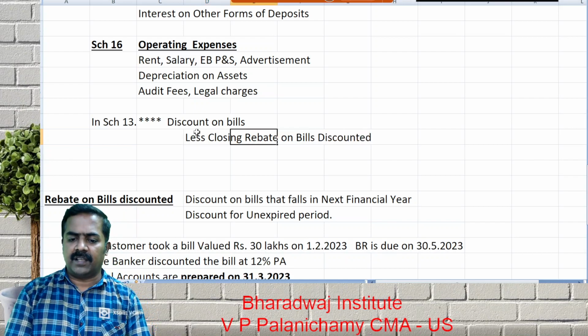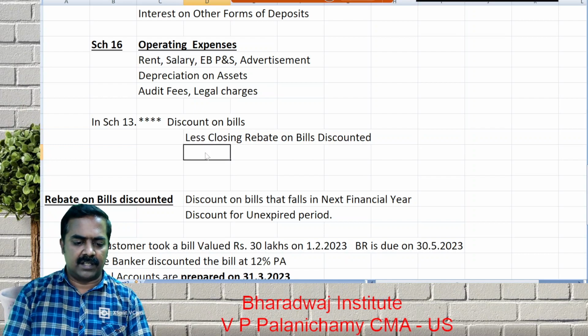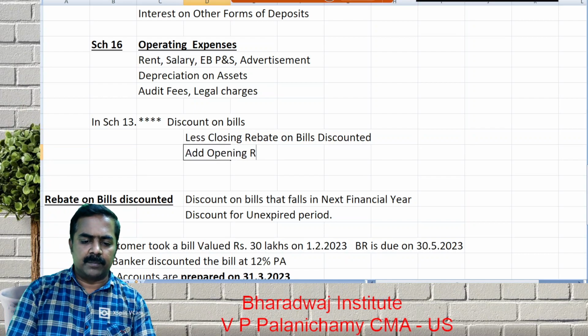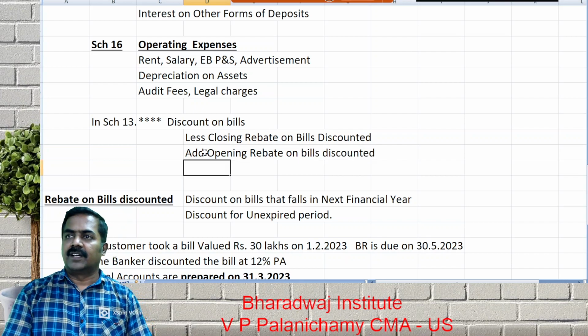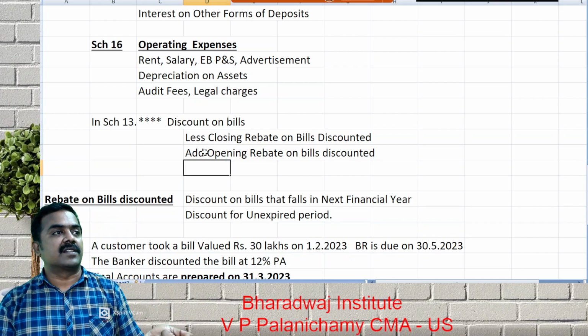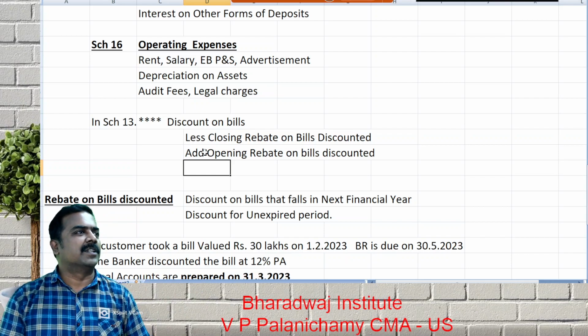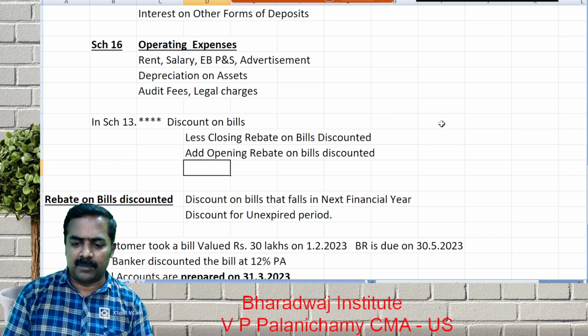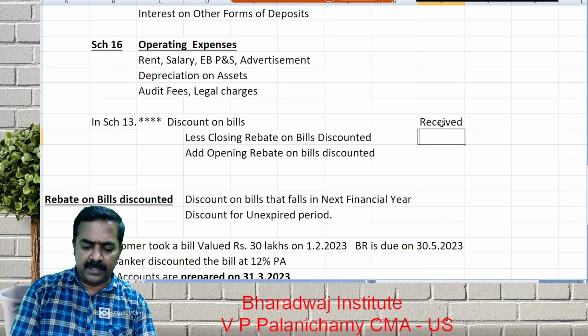Why are we reducing? Because this portion belongs to which year? Next year. Add opening rebate on bills discounted. What is it? Last year we earned in advance, or received in advance, for which year? Current year. It is the same as the accrued income, outstanding income and prepaid expense concept. Clear? We take income received, and we eliminate which one?